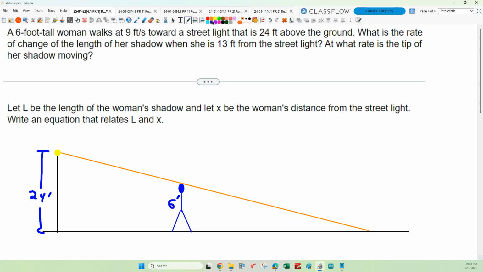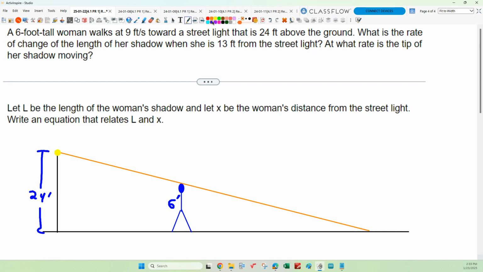Is that a constant or a variable? She's moving toward the lamp, so that's not something I want to write as a number. That's going to be a frame value of a variable, isn't it? Because her distance from the street light is varying. That's changing. So let's get some variables in here. They want us to let L be the length of her shadow and X be the woman's distance from the street light.